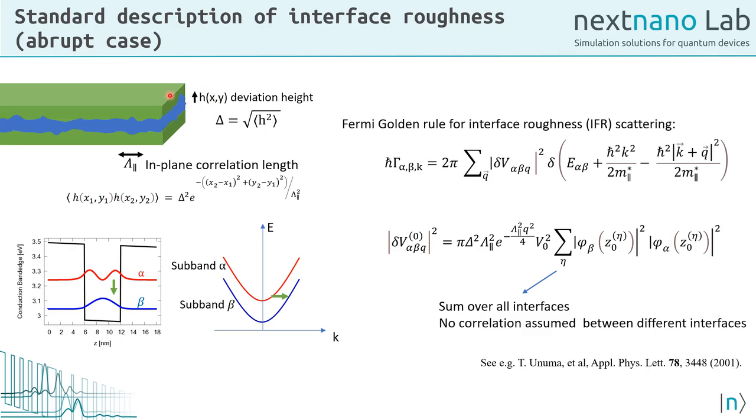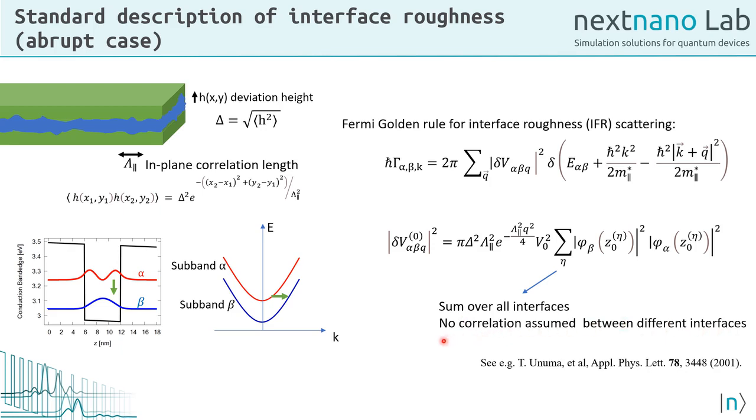And if we treat this perturbing potential with Fermi's golden rule, then we can express the scattering rates between two states in terms of this squared potential, which involves delta squared, where delta is the root mean square deviation of the height with respect to the average position of the interface, and lambda squared, where lambda parallel is the in-plane correlation length. And here is the sum over all the interfaces, because there is no correlation assumed between the different interfaces.